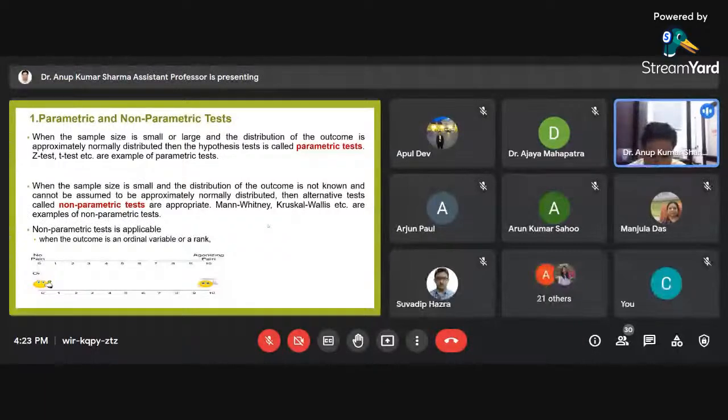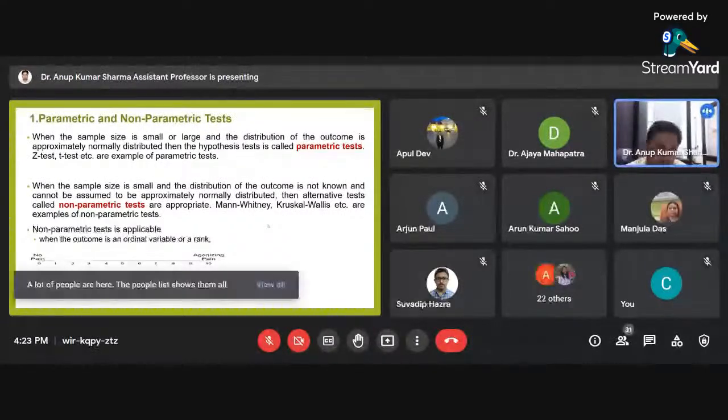When we toss coins or throw dice, these are random samples, and the data follows the binomial distribution. Defective items and numbers of accidents follow the Poisson distribution. So these are cases where small or large samples are specified.